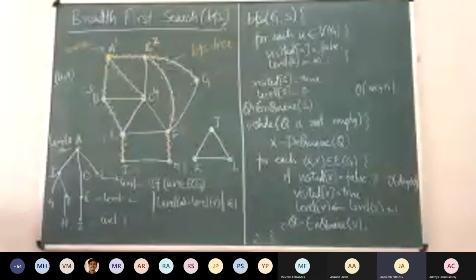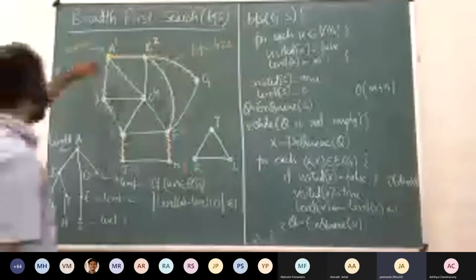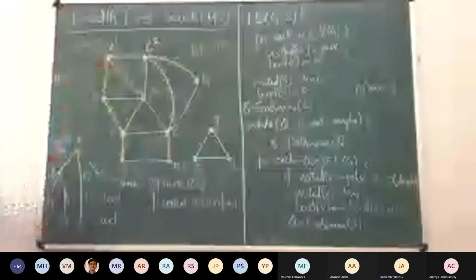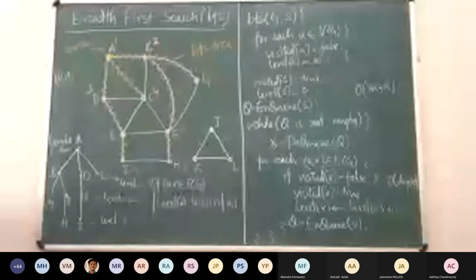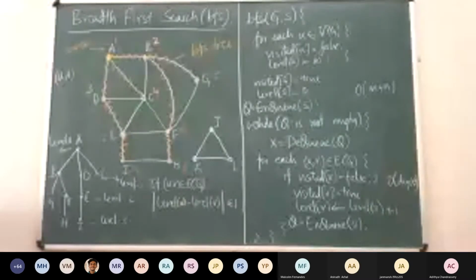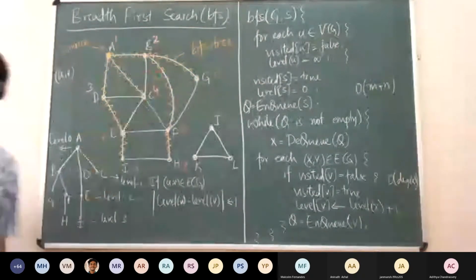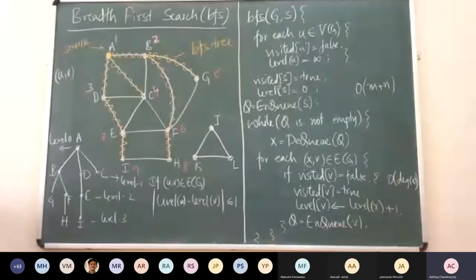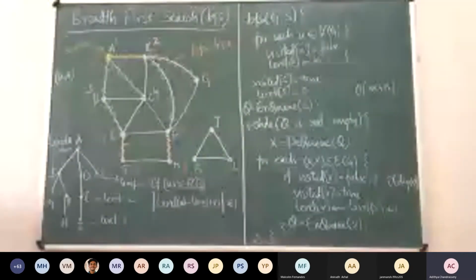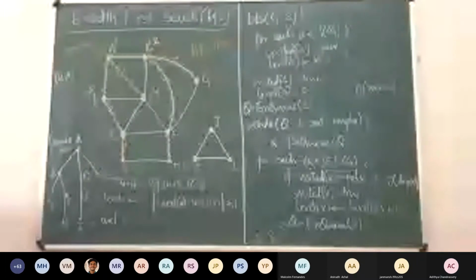Whatever Janmansh got confused about is also a nice question. So I indicated some numbers here. What are those numbers? Yes, the time they are inserted into the queue, right? They are inserted into the queue in that order.